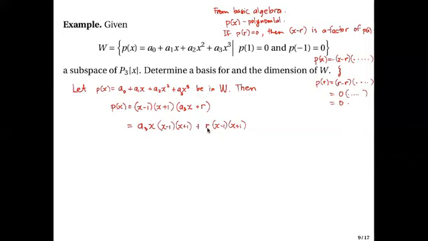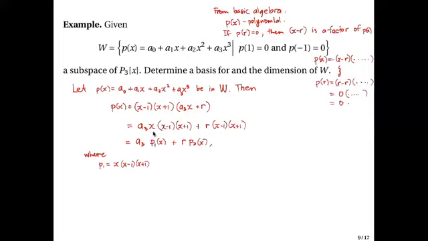Okay? So this guy here, we can write this as some A sub 3 P sub 1 of x plus R P sub 2 of x, where P sub 1, of course, this is your x times x minus 1 times x plus 1.